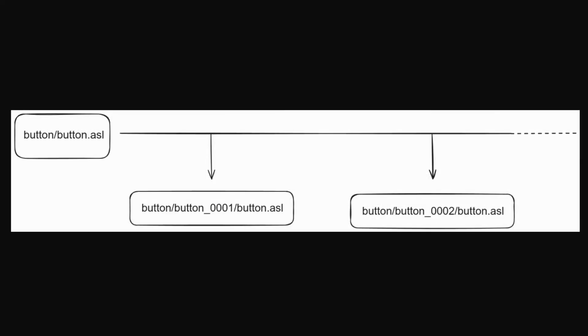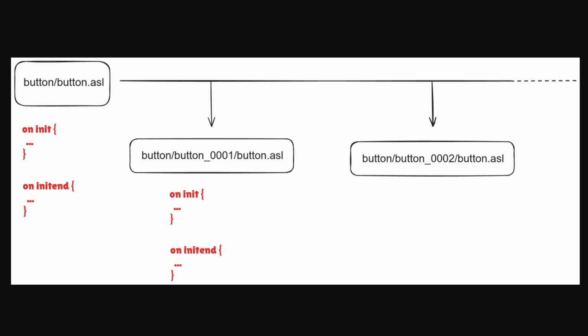Going back to this image with the blueprint and the numbered instances, when you are opening these files, always look for the onInit block and the onInitEnd block, because those will get executed first. So the order of how to read the lines one after another, going from one block to another, goes like this.